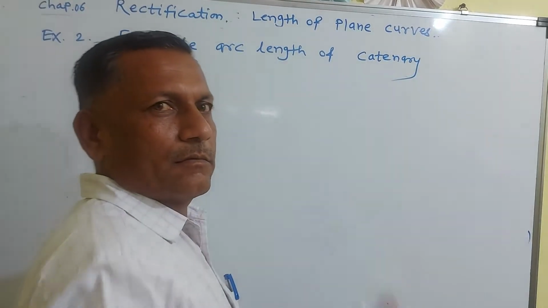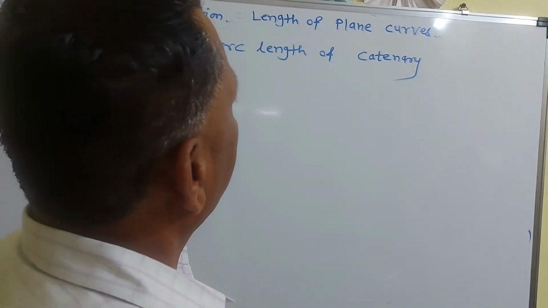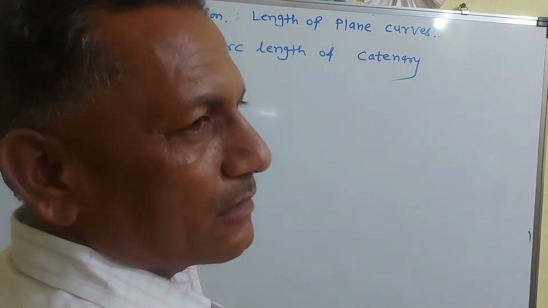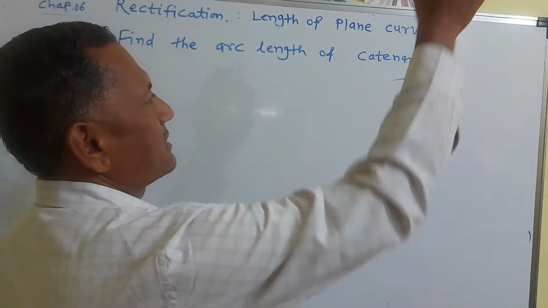Already you have been given the names of the curves: catenaries, cardioid, parametric equations.